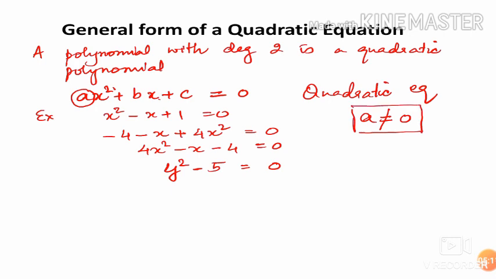That is, in the general form ax square plus bx plus c equal to 0, a should not be equal to 0. Because if a is equal to 0, then the x square term becomes 0, and then the equation will look something like this: bx plus c equal to 0, which is a linear equation.